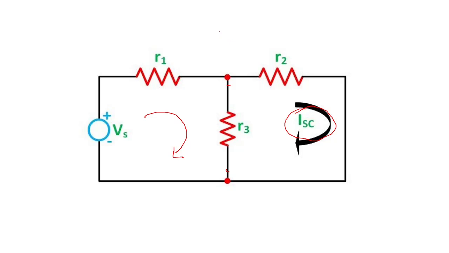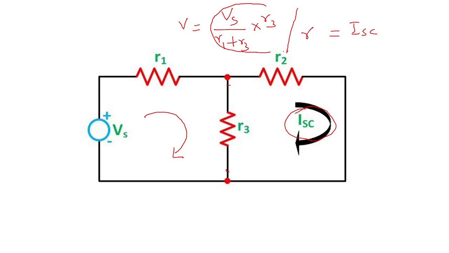That means the current flowing is Vs upon R1 plus R3, multiplied by R3 will give you the voltage. Now this voltage divided by the equivalent resistance R will give you Isc, that is the short circuit current, which can be used as the Norton current afterwards.